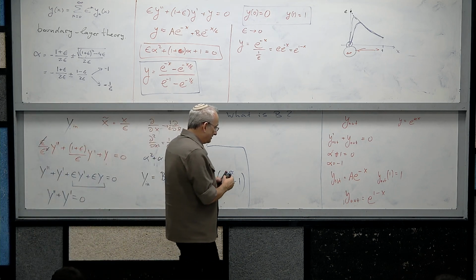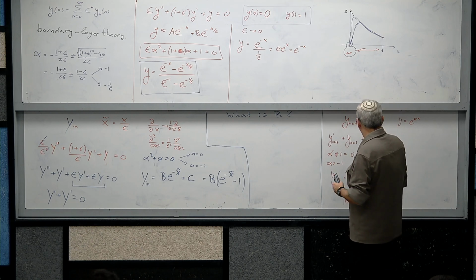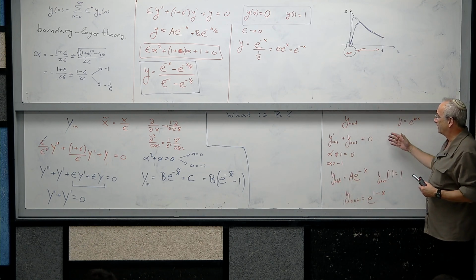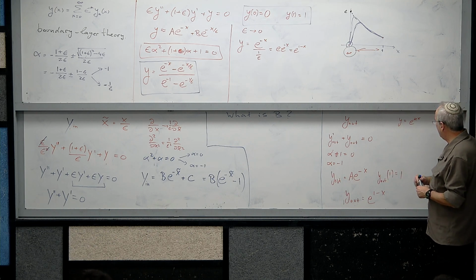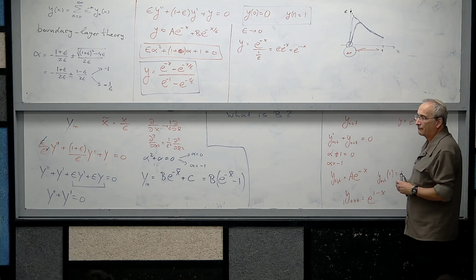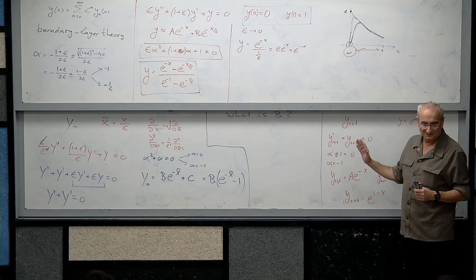Asymptotic matching is based on the following idea. First of all, what was the assumption that was required? The idea is I will find a region where both approximations are correct.